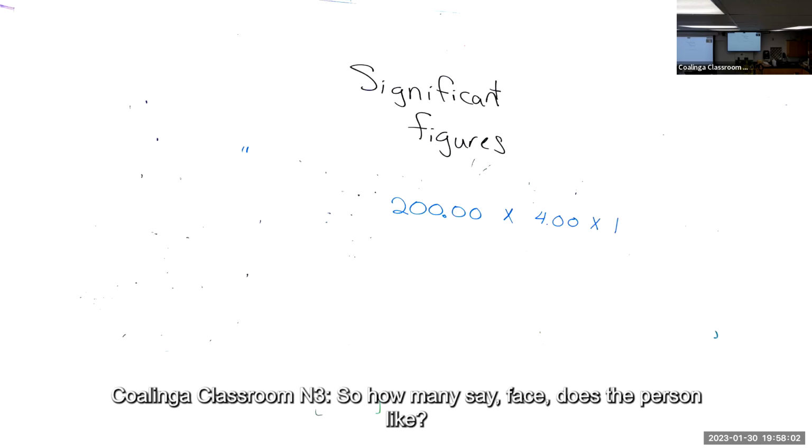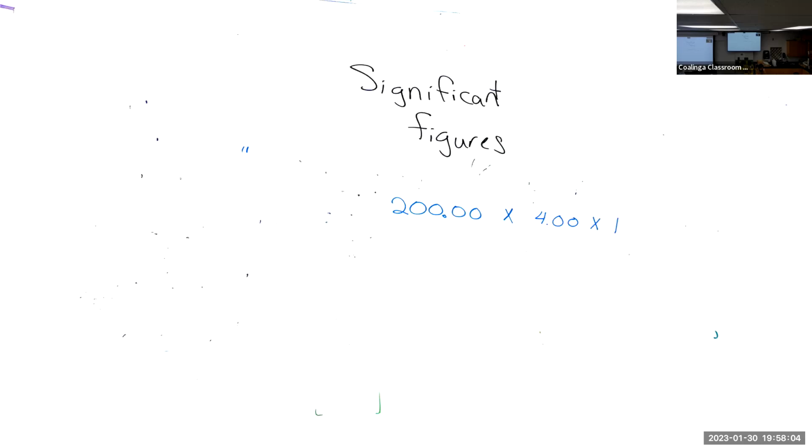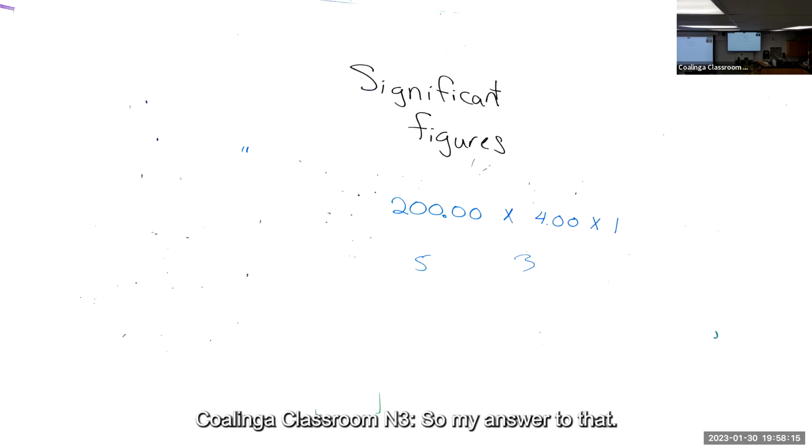How many sig figs does the first number have? Five significant figures. This one has how many? And this one has how many? Okay, so my answer should have how many significant figures? Okay, so do that.